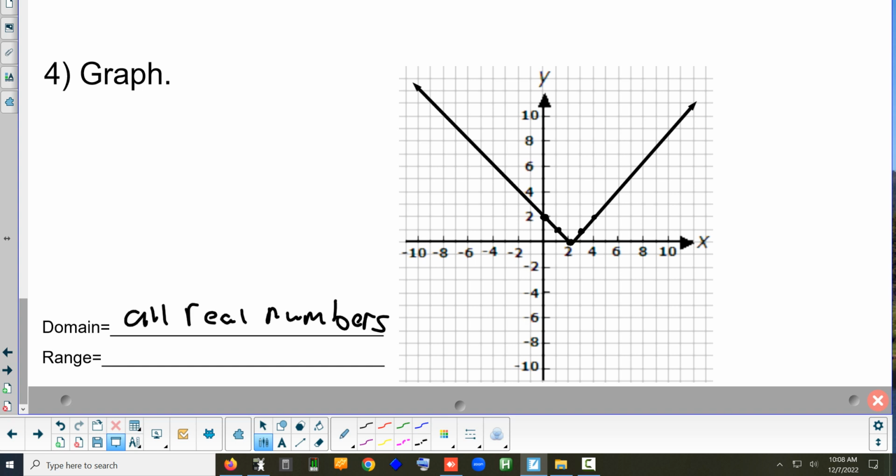What's range? You don't have to tell me the exact answer, but what am I looking for in the picture? I'm not looking for the left and the right. What's range mean in general?